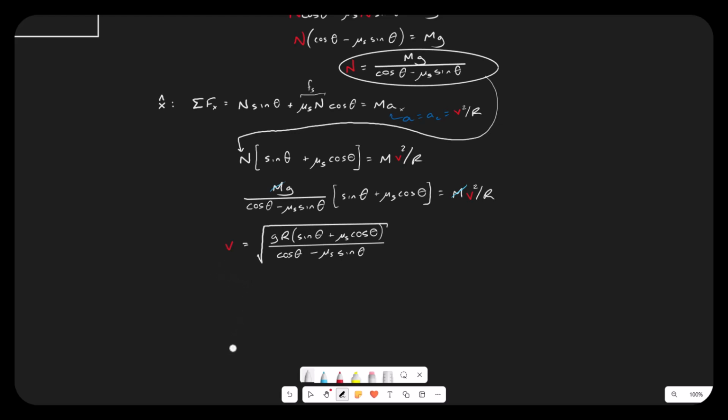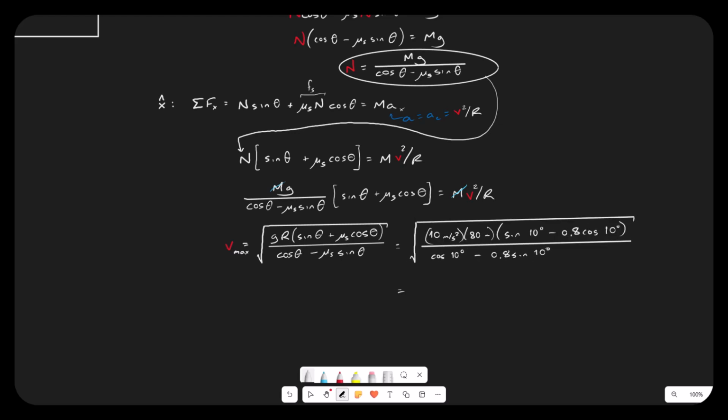There is my maximum safe speed. And if I want to plug in values, I can. Sorry, this is a plus, but that works out to be 30.1 meters per second, which is about 67 miles per hour. That's pretty fast, so that banked curve really helped us out in this case.